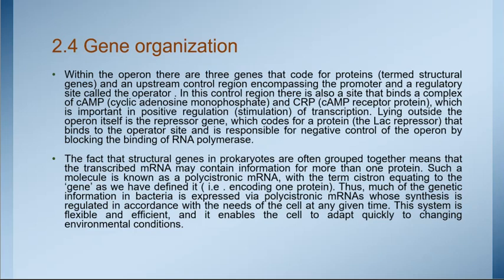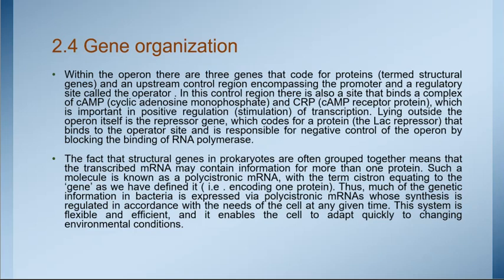Lying outside the operon itself is the repressor gene, which codes for a protein, for example, the lac repressor, that binds to the operator site and is responsible for negative control of the operon by blocking the binding of RNA polymerase.